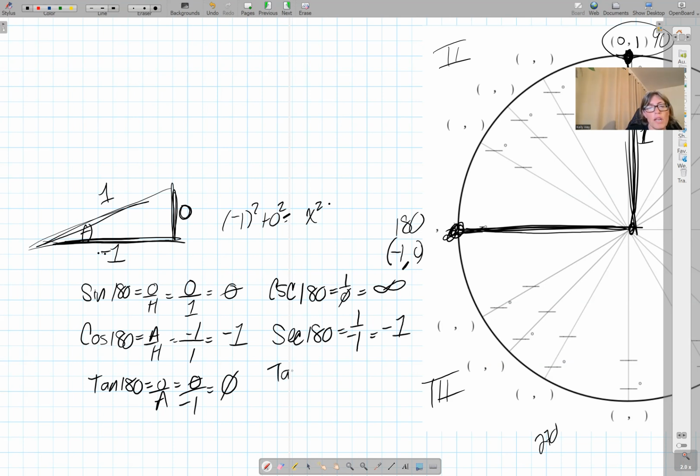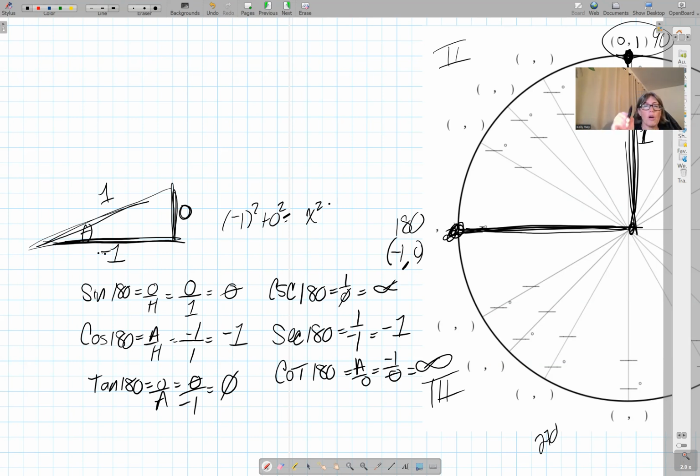And then you have cotangent of 180, adjacent over opposite. Our adjacent this time is -1. Our opposite is 0, so that's going to be infinity.